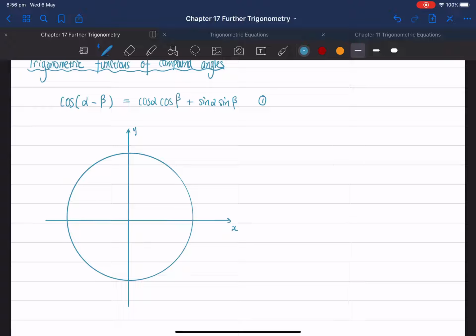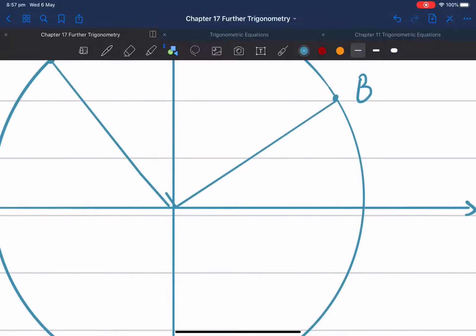Alright, now let's pick 2 points on the circle and we call this point A and that point B. And then we connect point A with the origin and point B with the origin as well. Alright, not so good. Let's do it one more time. That's better. I'm just going to remove that.